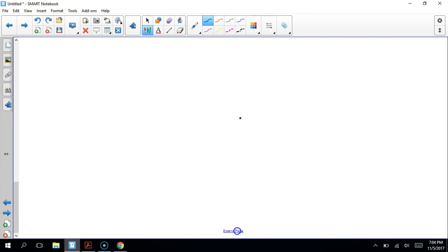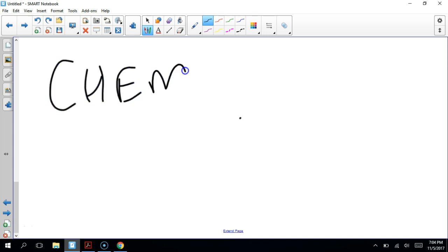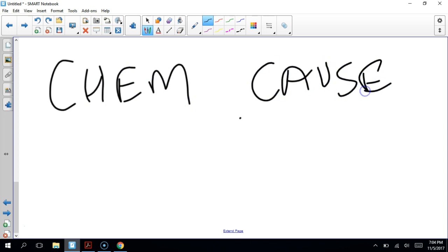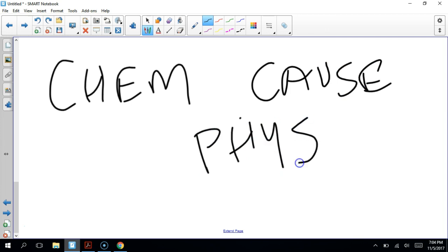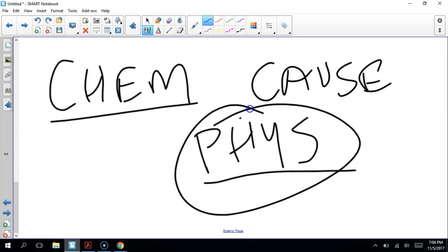This brings up another point, though, that a chemical change can cause a physical change, because a chemical change is a change in the bonds, and a physical change is a change in appearance. So because you have a chemical change, the substance changes, which now makes it change physically. And so it's really kind of an interesting thing that happens.